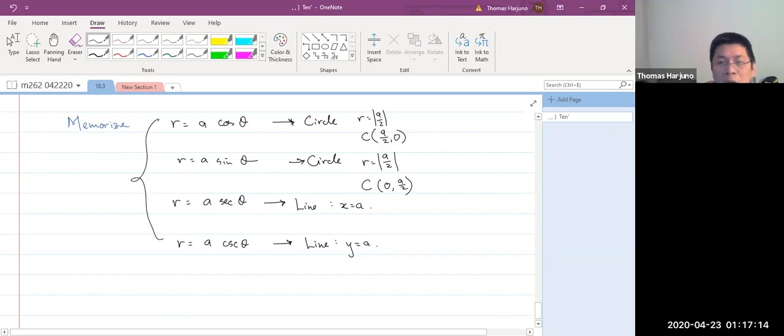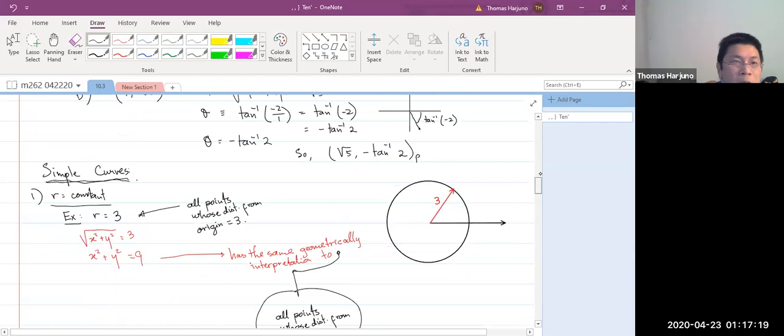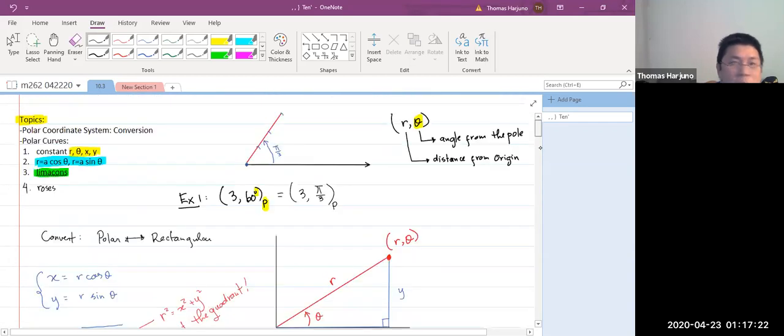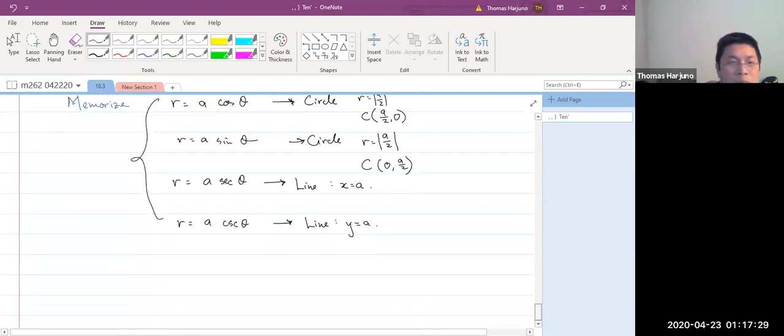Now, the last part that I want to go on, I don't think that's the last part, but the harder part, I should say, is how to deal with limaçon. What is a limaçon? A limaçon has this pattern: r equals A plus B sine theta, or r equals A plus B cosine theta.